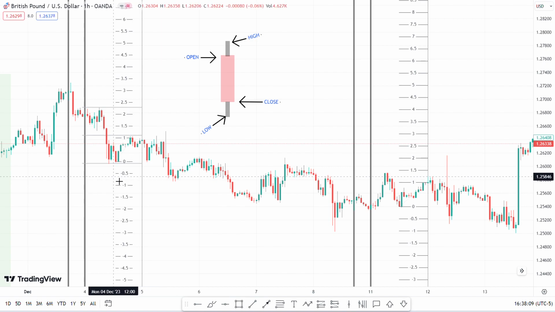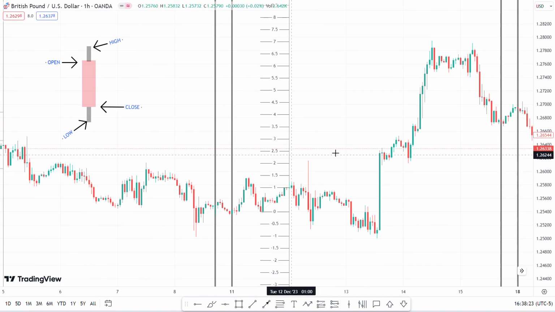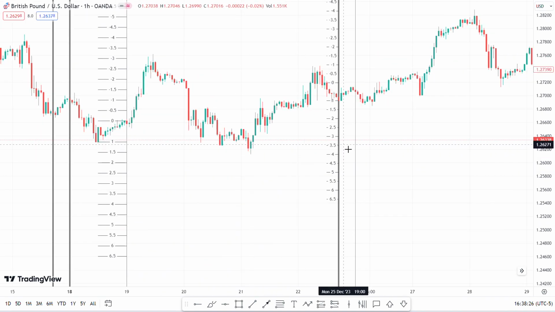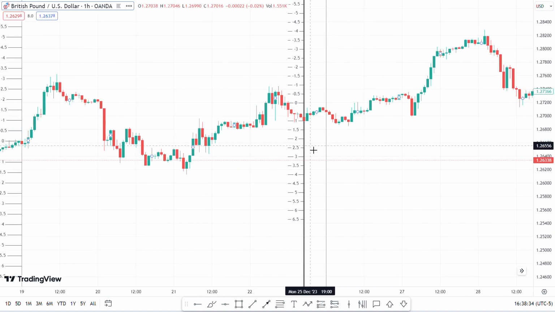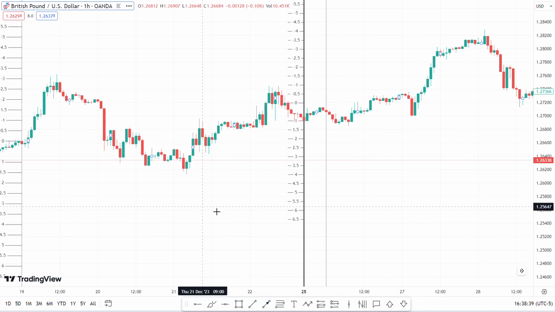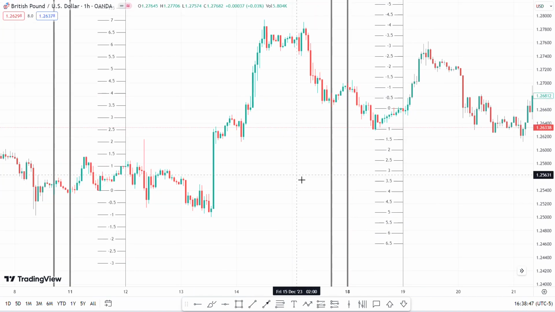I didn't say from Monday 12 noon. I said 12 hours prior to Tuesday's midnight, just because there's certain days where there was no trading for a few hours, so you just have to extend it 12 candles from Tuesday's midnight.